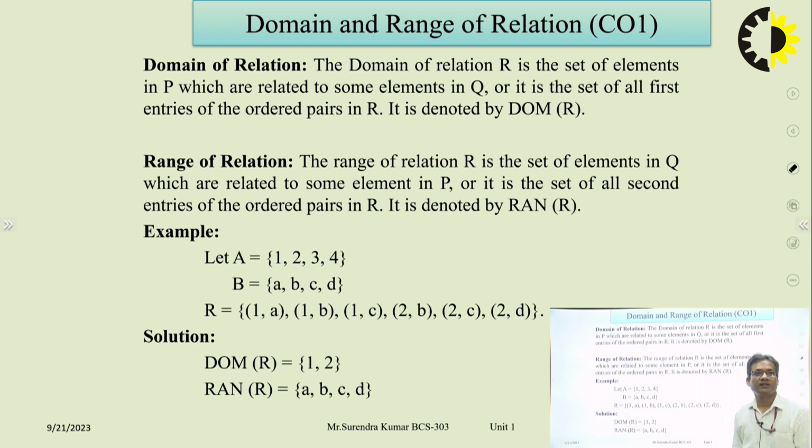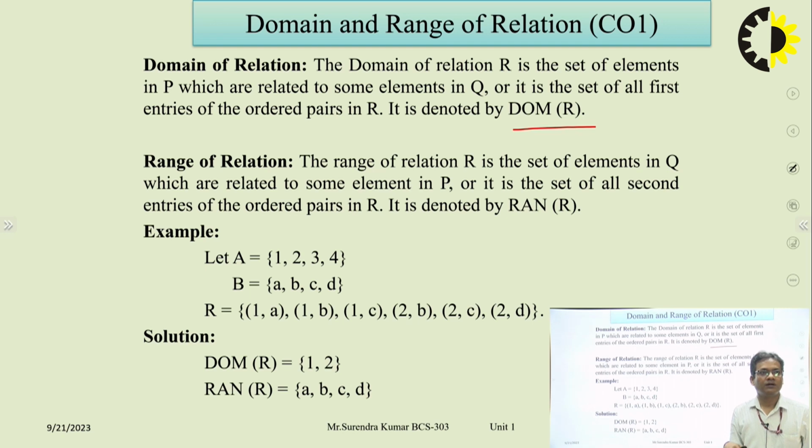The domain of a relation R is the set of elements in P, if you are taking P and Q as 2 sets, which are related to some element in Q. So, only those elements which are in the relation have to be taken. Or it is the set of all first entries of the ordered pairs in R. It is denoted by DOM R, that is the domain of relation R.